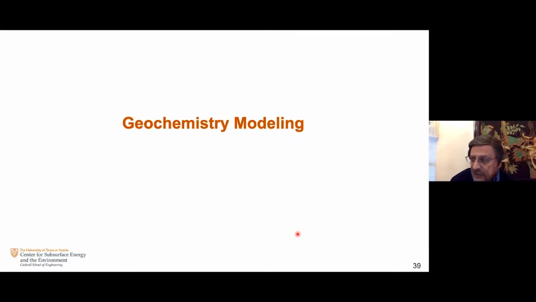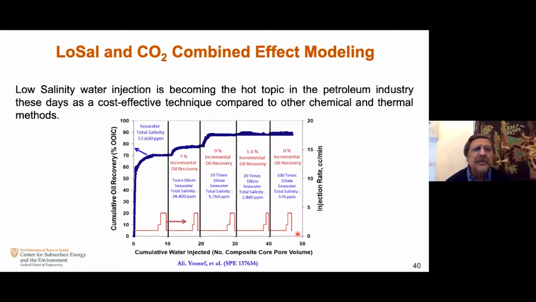From the geochemistry point of view, there are many different applications that need geochemistry. One of the recent developments in the last decade or so has been in the area of low salinity water flooding, and combinations of CO2 and other additives.